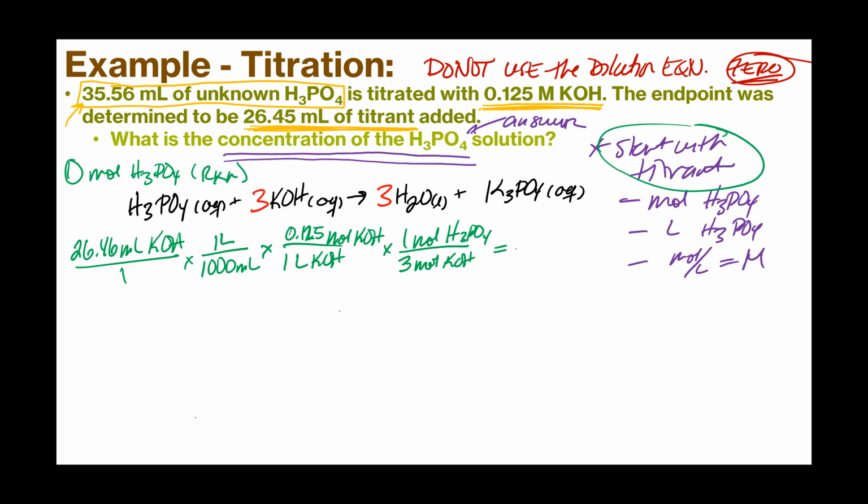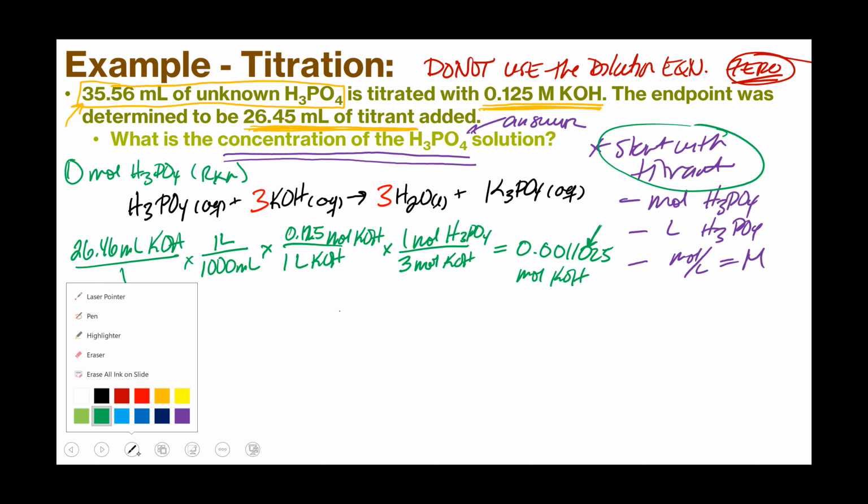So let's math this out. 26.46 divided by 1,000 times 0.125 divided by 3 is 0.0011025. This is moles of H3PO4. This should have 3 significant figures. Now that we have moles, we need to figure out liters of solution.